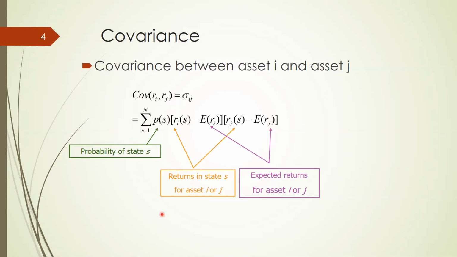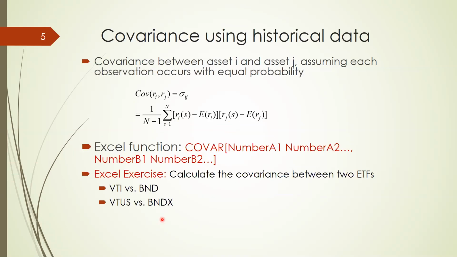Therefore, a positive covariance indicates the two assets tend to move up and down together, while a negative covariance suggests that the two assets tend to move up and down in the opposite direction. In Excel, you can use the function COVAR to calculate the covariance between two assets.